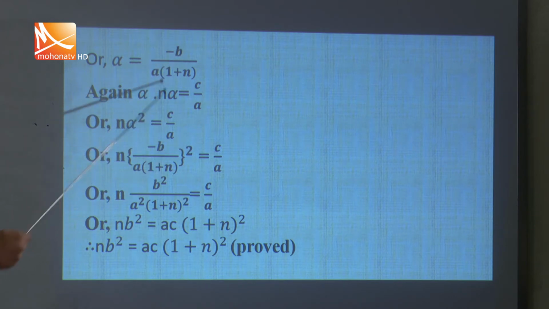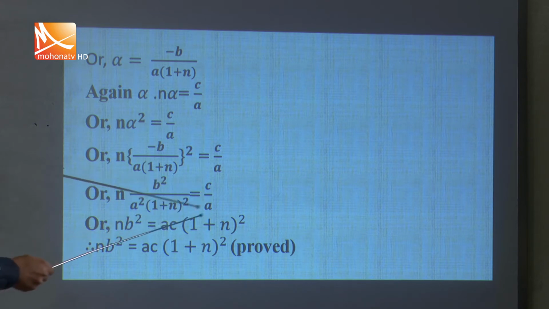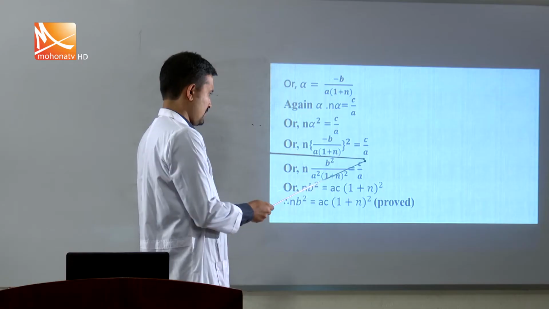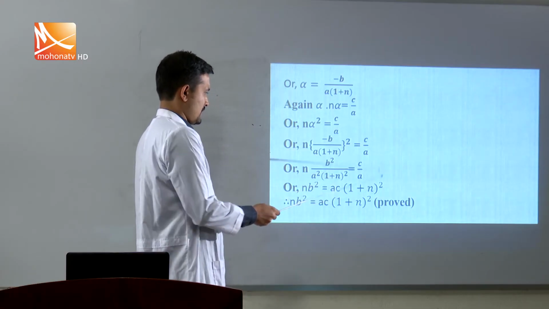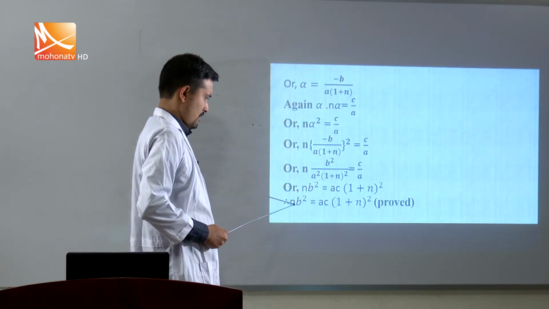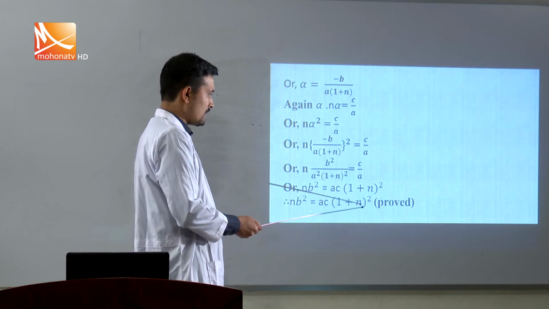Putting the value of alpha, n times b²/(a²(1 + n)²) equals c/a. Cross multiplying, nb² = ac(1 + n)².